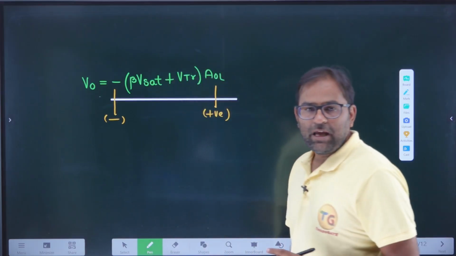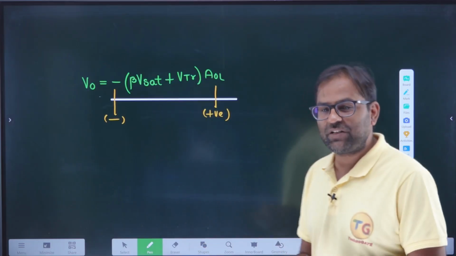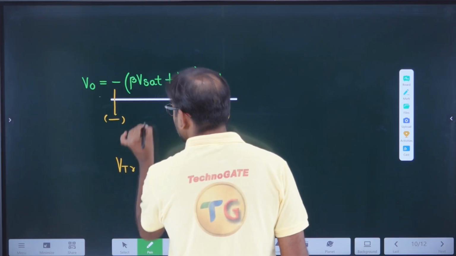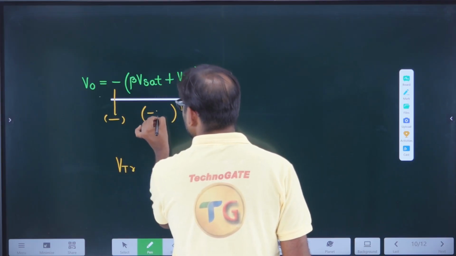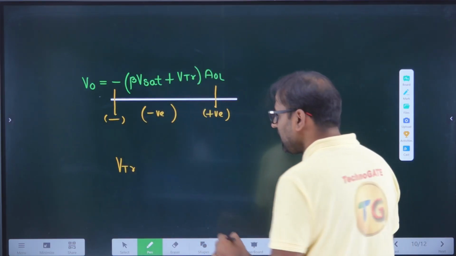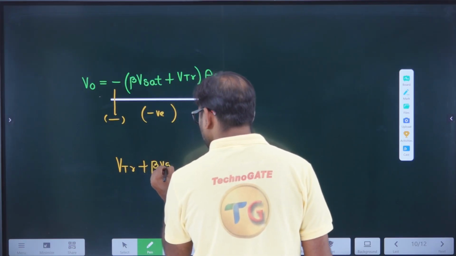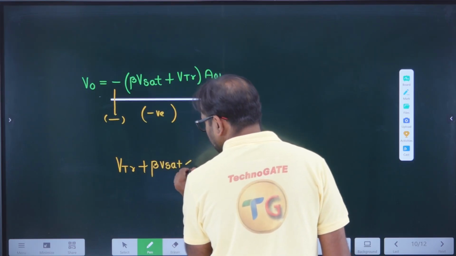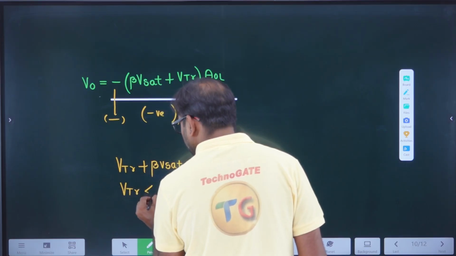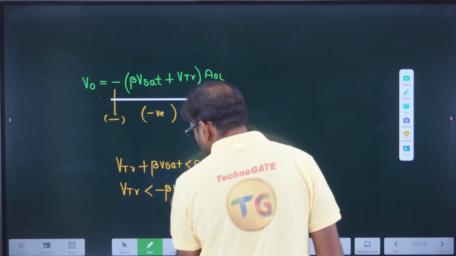If I want to shift from minus V saturation to plus V saturation, then this number should be negative, because negative into negative is positive, and positive into positive is positive. So VTR plus beta into V saturation should be less than 0, or you can say VTR should be less than minus beta into V saturation. And what is this limit?